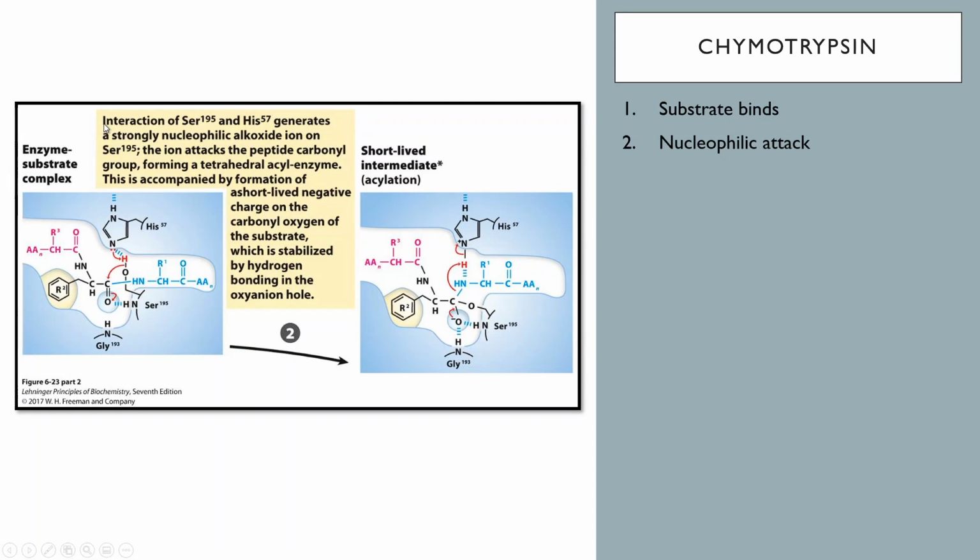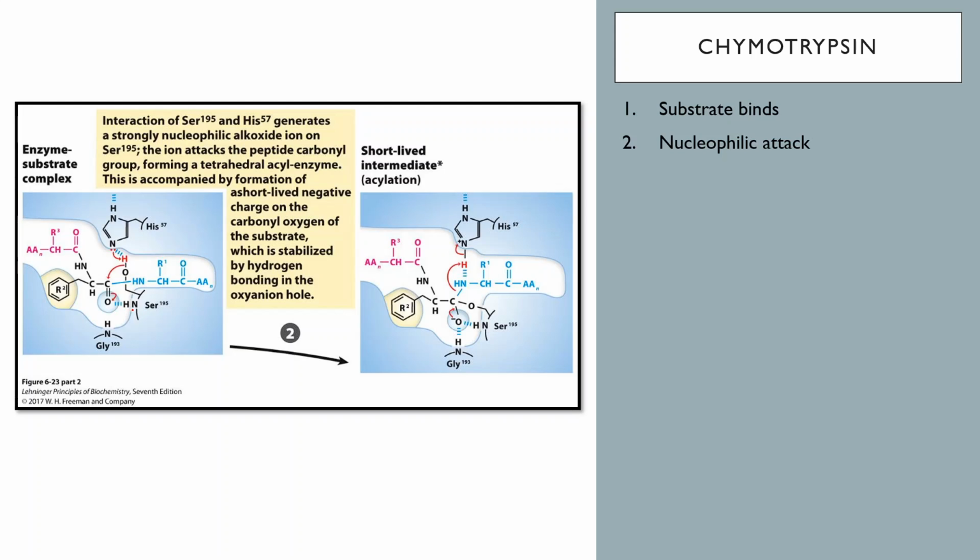And so the first thing that happens as part of the reaction is a nucleophilic attack. And what that means is these 2 residues, this histidine and this serine, are close enough together that it allows the hydroxyl group of that serine to attack the carbonyl carbon of our peptide that we're cutting, and that means that the pair of electrons between the carbon and the oxygen go to the oxygen, forming that oxyanion.